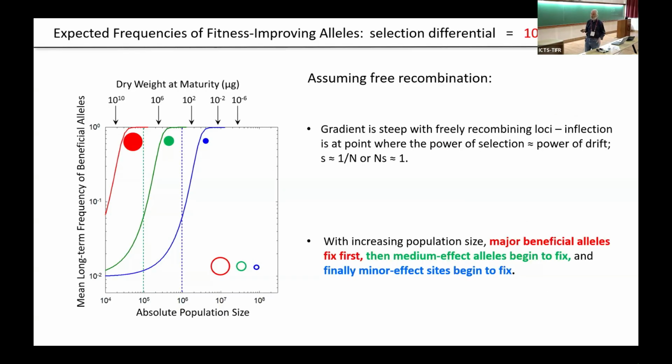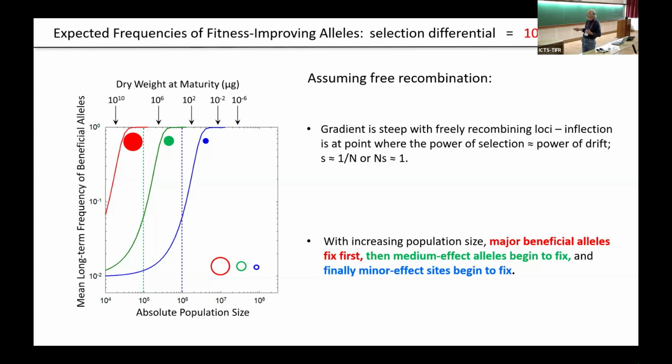What we're going to think about now is what happens when we increase the selection coefficient, when we increase the degree of linkage, and when we add in different effects. So this is easy to do if there's free recombination. And this was worked out by Kimura, Maruyama, and Crow quite a few years ago.